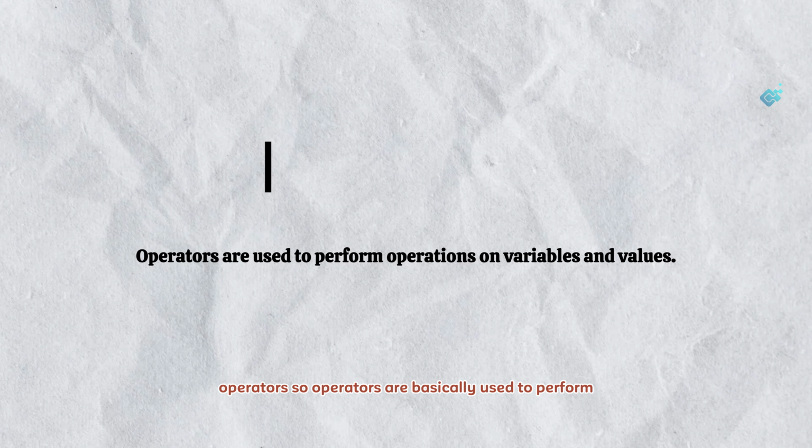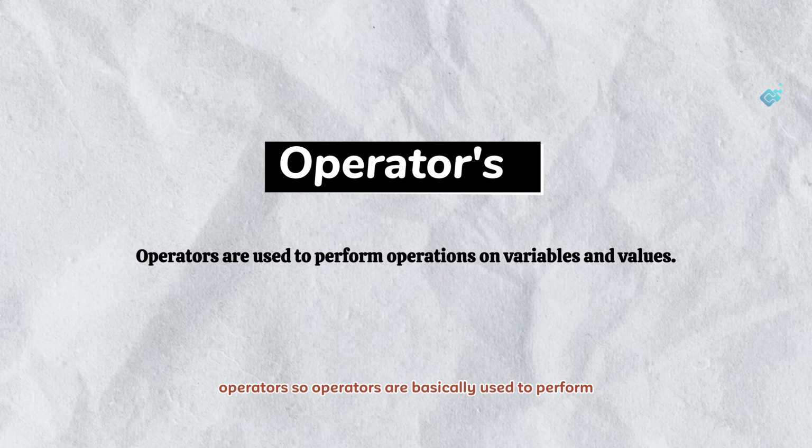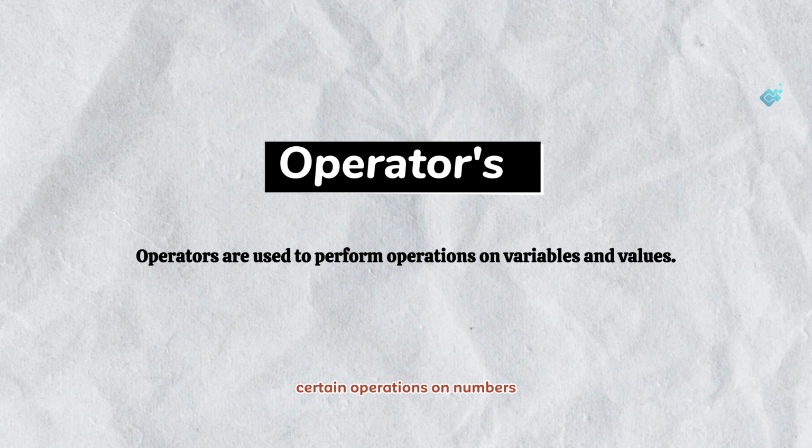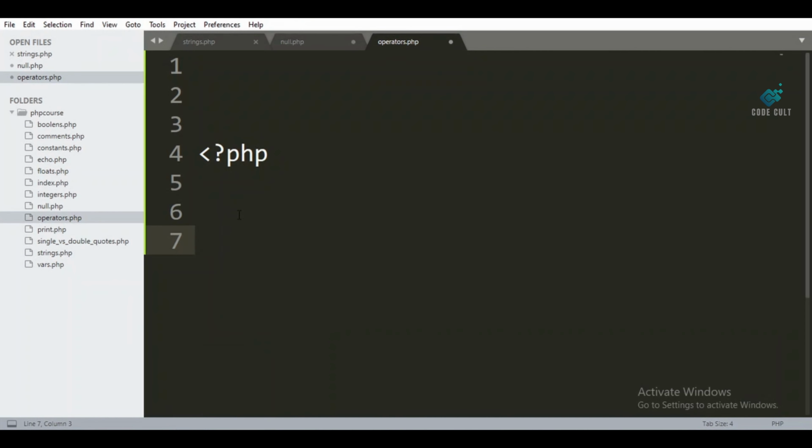Operators. So operators are basically used to perform certain operations on numbers. Okay, and they can vary. There is a lot of them, but in this video I'm going to talk about specifically arithmetic operations. Just like basic math stuff that we learned in school.